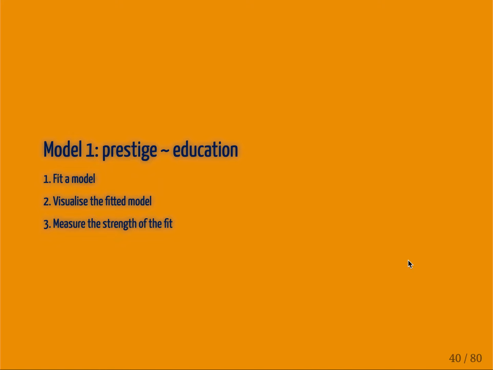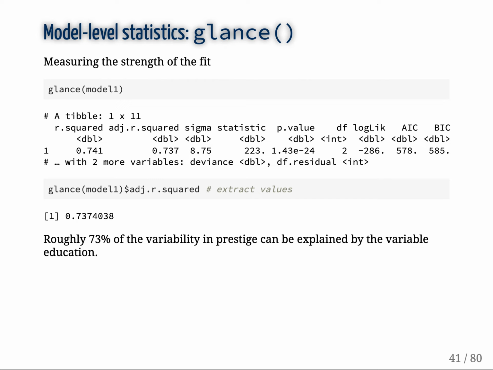Next, we want to measure the strength of the fit. We can use model level statistics to evaluate the strength of the fit. In order to extract model level statistics, we can use the glance function. Glance outputs model level statistics.